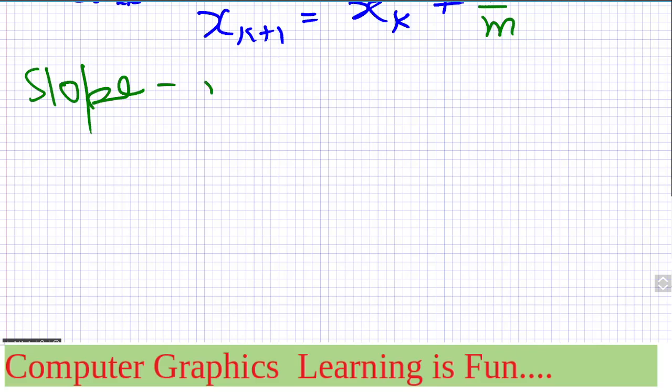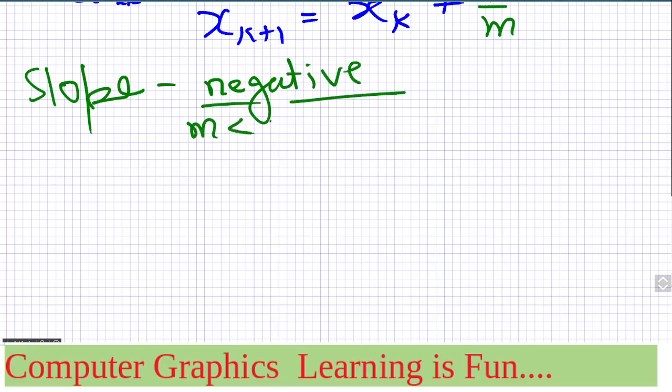Slope is negative. That means the value of m is less than 0. Okay. So which means the line is going in this direction. In that case, what you will do? No problem.